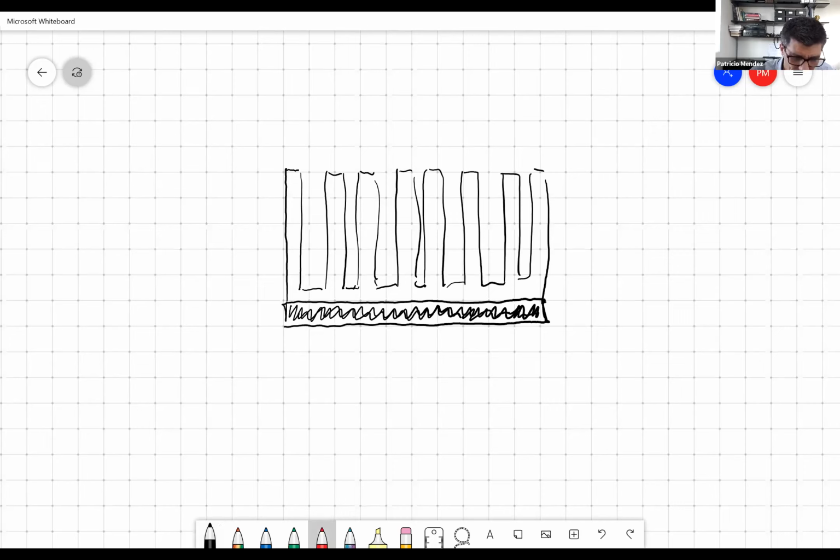Our control volume is going to be whatever is surrounding the chip and its heat sink.